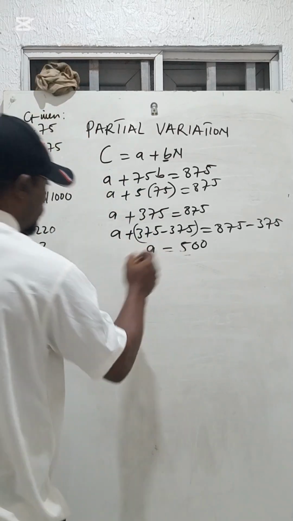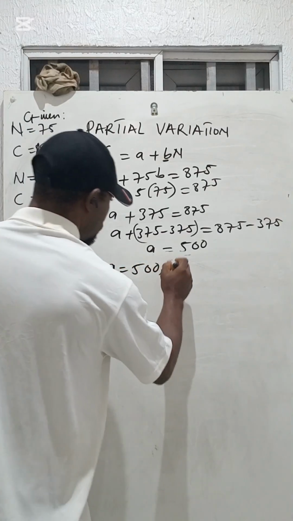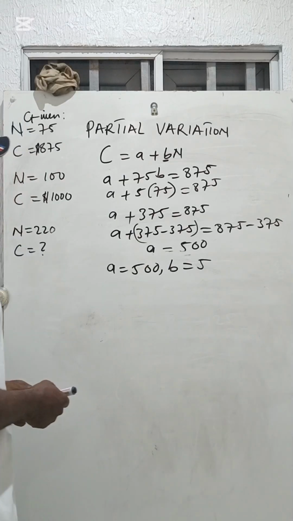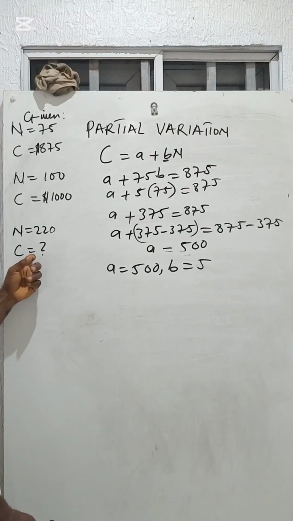So now we have the value of A equal to 500 and the value of B equal to 5. Now we can solve for the cost of feeding 220 students.